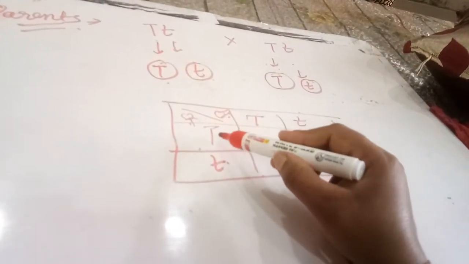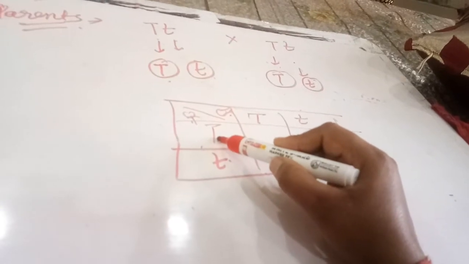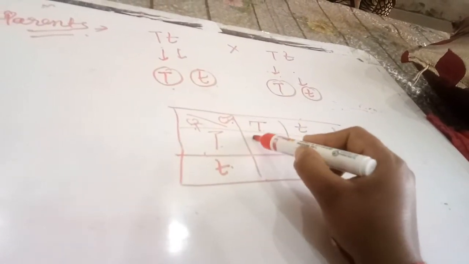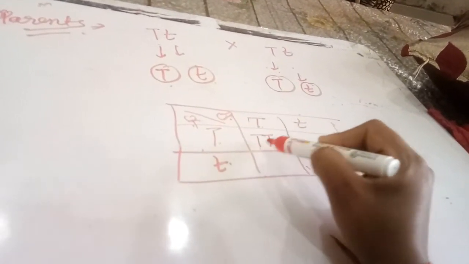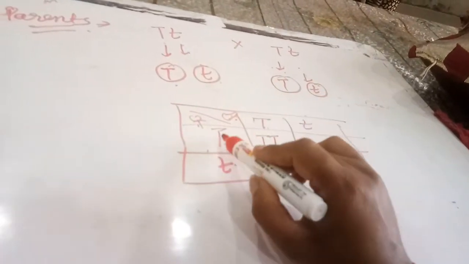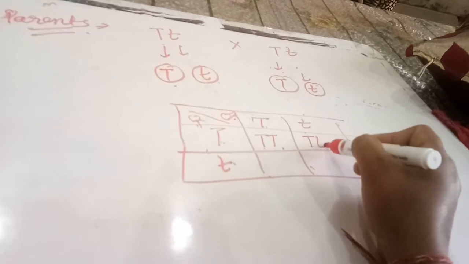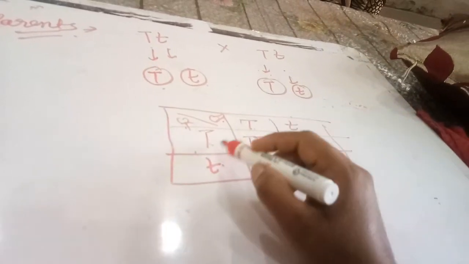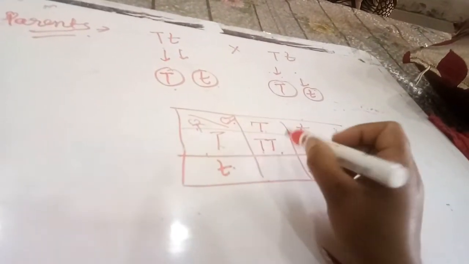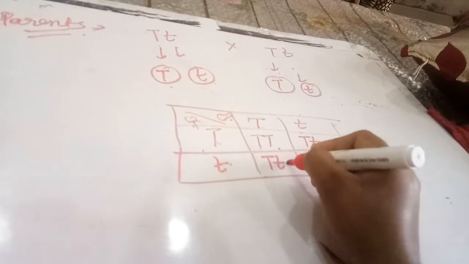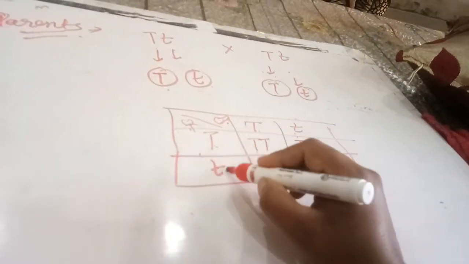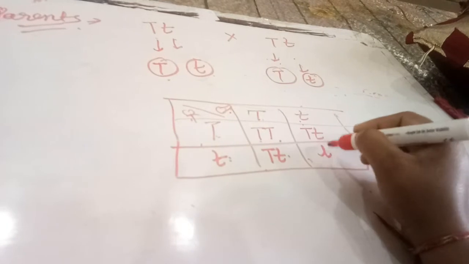Now this allele crosses with this, so we got capital T capital T. This with this gives capital T small t. This with this gives capital T small t. This with this gives small t small t.